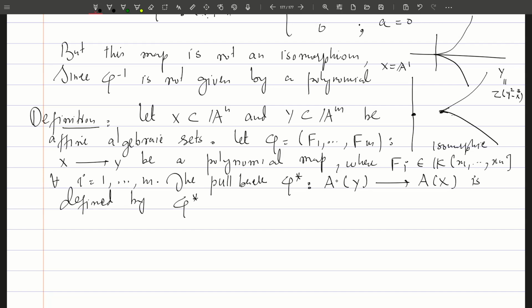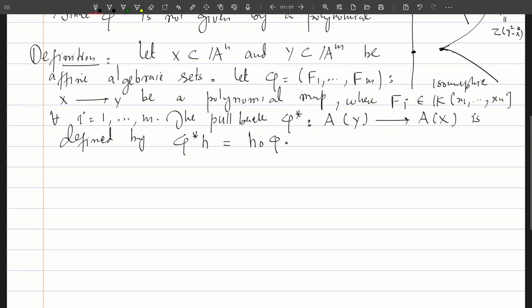Similarly, we can identify AX with the set of polynomial functions. So it takes the element h and is given like this. It is h composed with phi. So one can note over here.